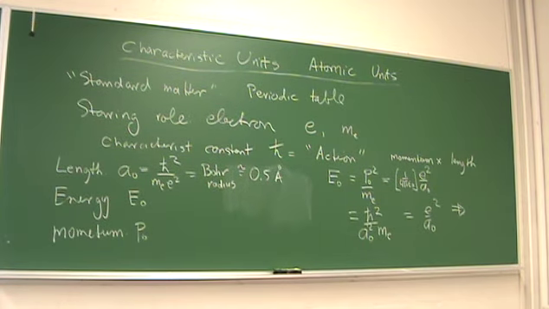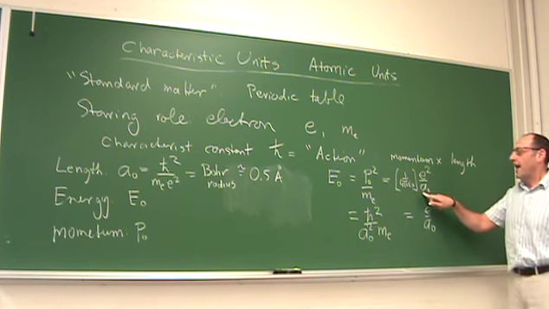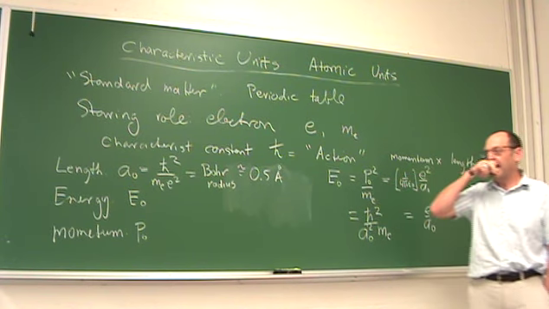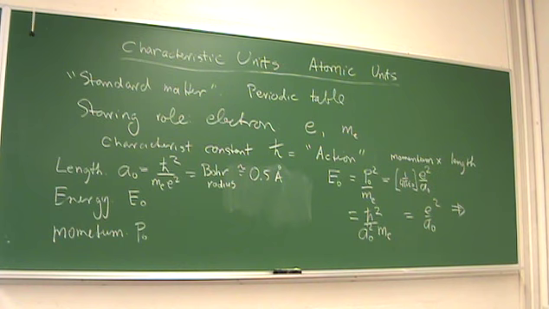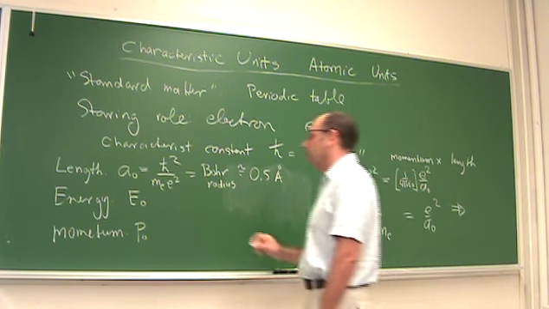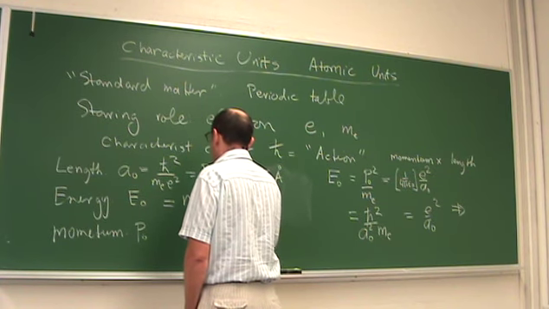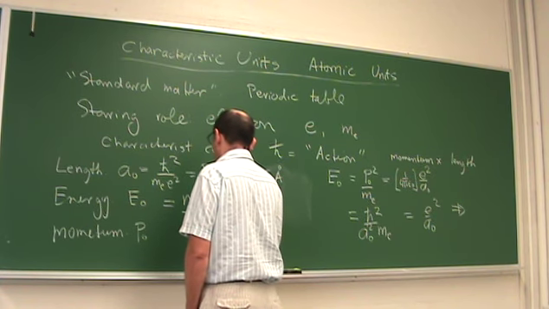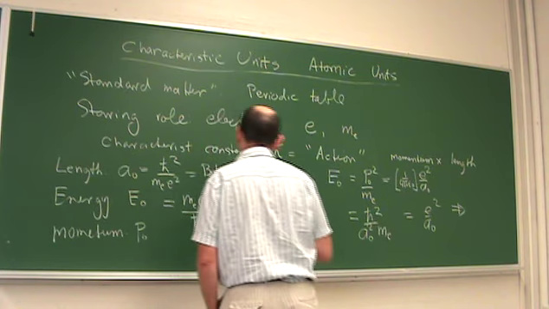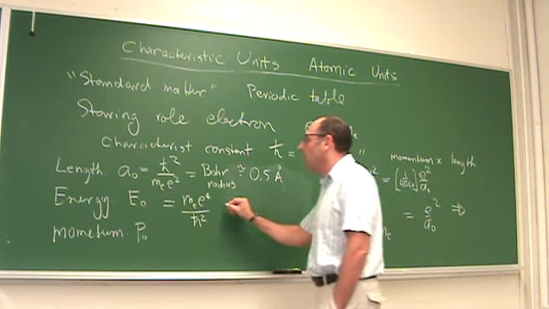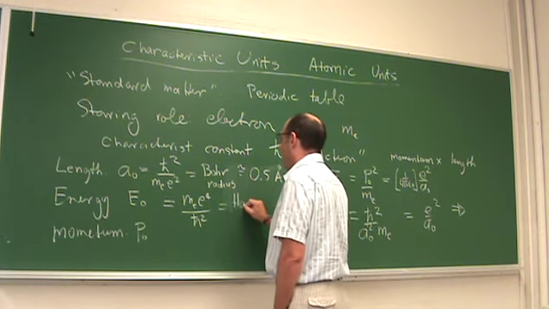Okay. So given that, we can plug a naught into this equation and get a characteristic E naught. And that characteristic E naught is m e to the 4th over h bar squared. And that energy is known in atomic physics as 1 Hartree.